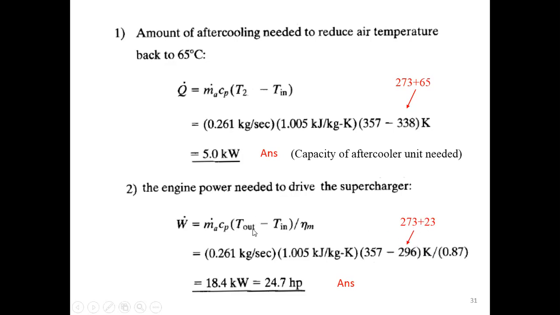Divided by the mechanical efficiency, which is 0.87. So this will be the amount of power that the engine needs to deliver to the supercharger, which is equal to 18.4 kilowatt.